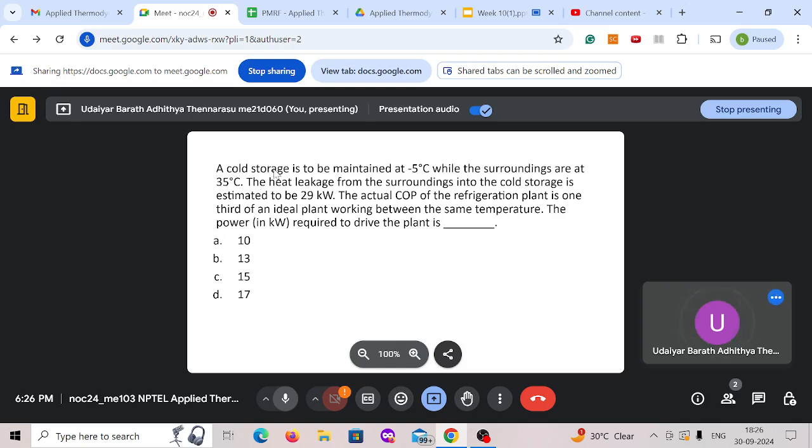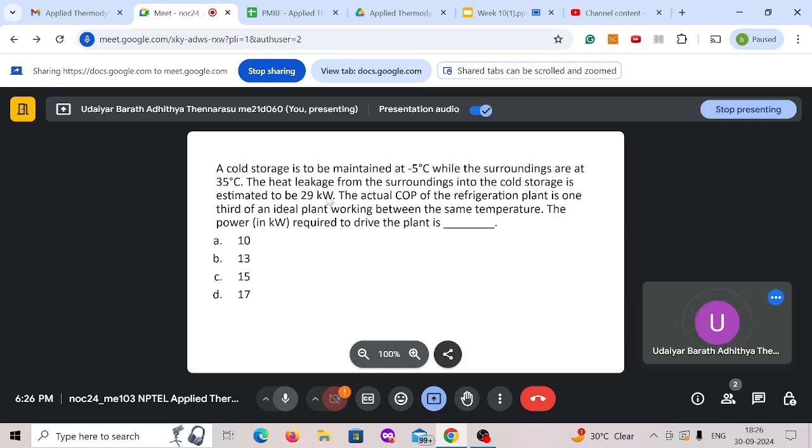So here the evaporator temperature is given, and the condensing temperature is also given, and the heat Q. For the cold storage to remain at -5 degrees Celsius, the cooling has to be provided such that whatever heat is coming in will be taken away, so that it will remain at the same state of -5 degrees Celsius.